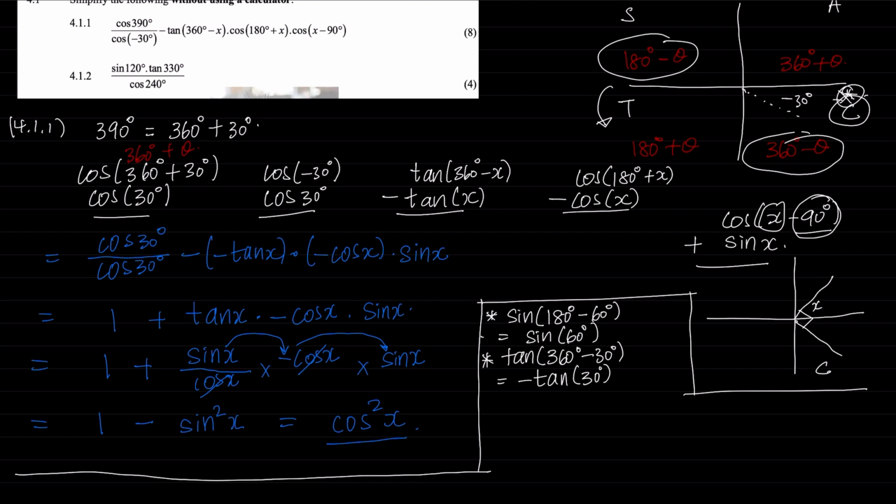Then we have cos of 240 degrees. Cos of 240 is the same as saying cos, let's just simplify this. 270 minus 240 is 30. So this is the same as cos of 270 degrees minus 30 degrees. Now cos of 270 minus 30, we can then reduce that.